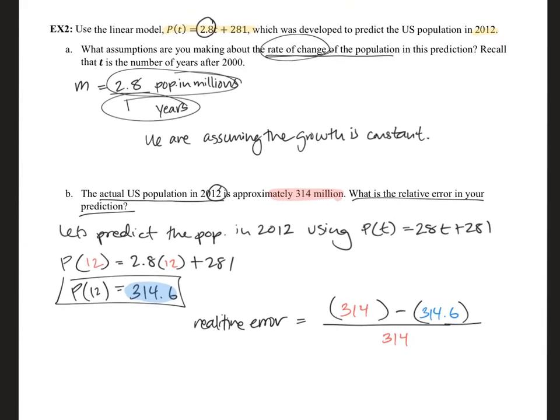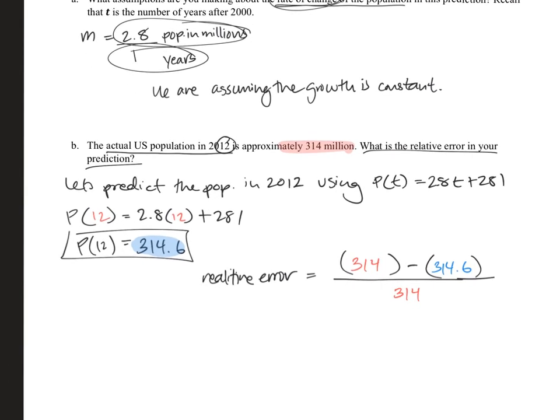So what are we going to get? Well, plugging that into our calculator, 314 minus 314.6, not too bad, and divide that by 314, and we get approximately negative 0.0019.